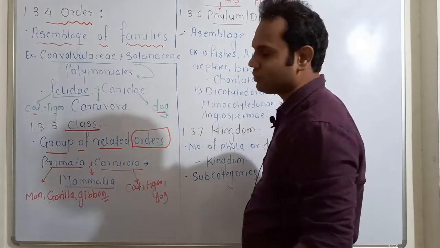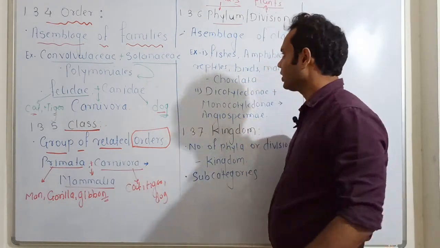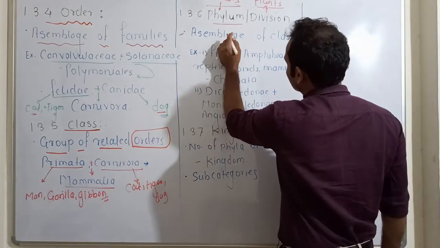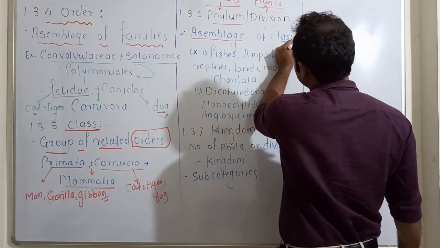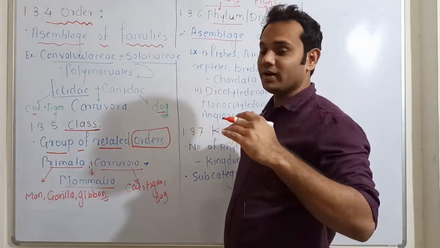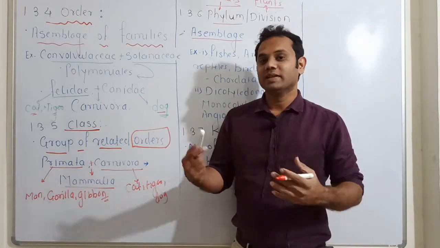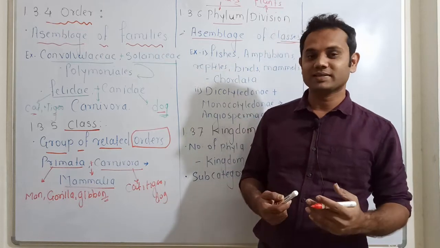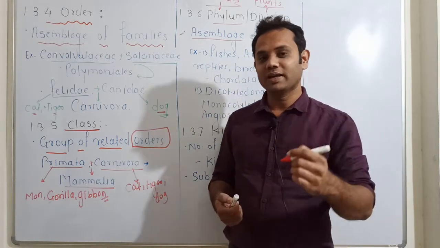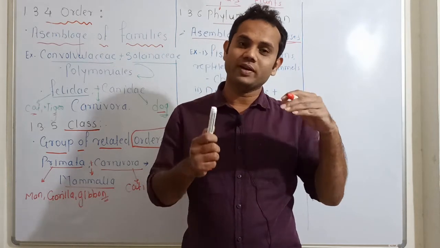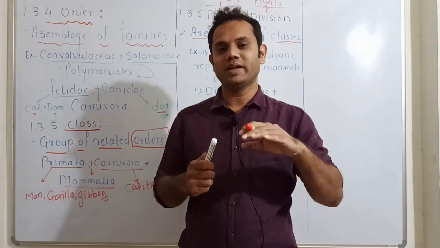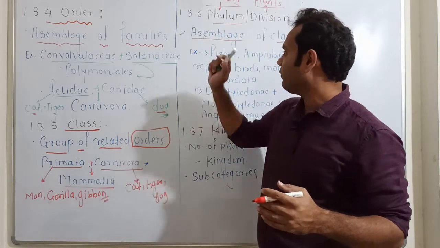So what is phylum or division? Here phylum or division is nothing but the assemblage of classes. Different classes share certain characteristics. Certain characteristics are shared by different organisms of different classes, and based on that they are grouped in one phylum.